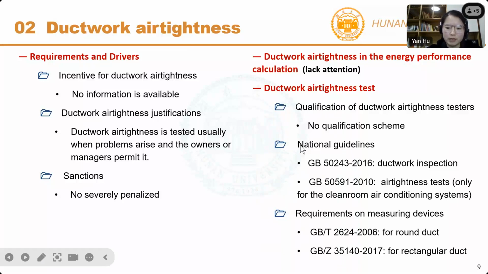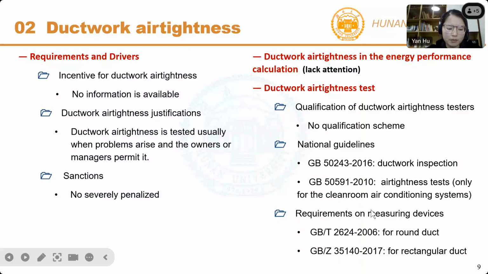About the national guidelines, the GB 50243 is the most commonly used standard to deal with the ductwork inspection. And the GB 50591 provides guidelines on the airtightness test, but it is only for the clean room air conditioning systems.